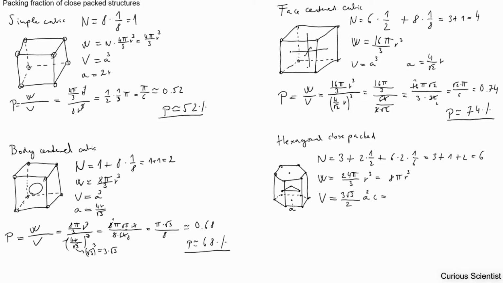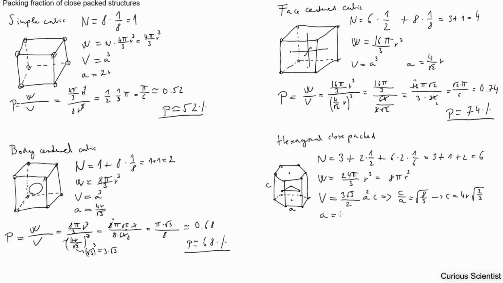So if you remember, A was this edge length and C was the height of the cell, and we have to know the ratio between A and C. I showed it already in one of my previous lectures that the C over A in ideal case is square root of 8 divided by 3, and from this we can get to the C, and we can say that the C is 4 times R times square root of 2/3.